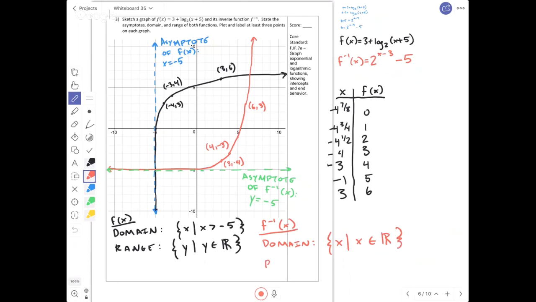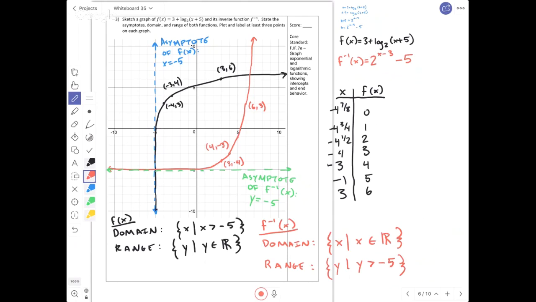And the range of an exponential function is always restricted. The set of values y such that y is greater than negative 5. Whew.